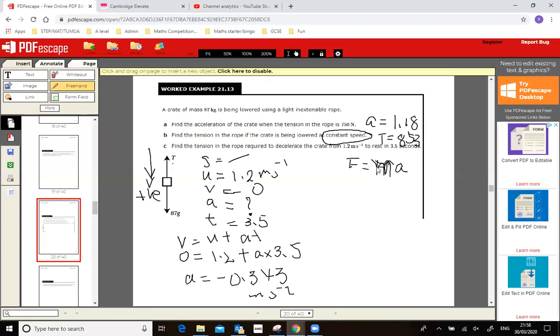Just like we've been doing for part A and part B, the resultant force will be 87g minus the tension. So that would be 87 times 9.8 as g, minus the tension, which is something we're looking for, equals the mass, which is 87, times the acceleration, and we have just worked it out, that's negative 0.343.